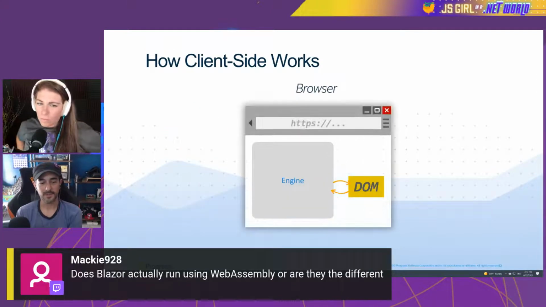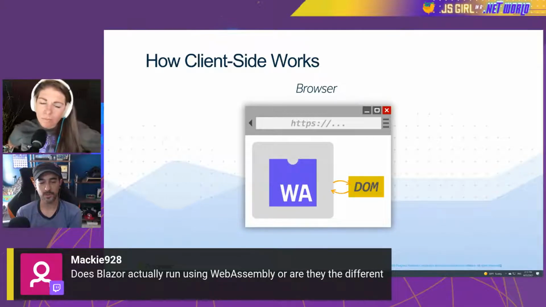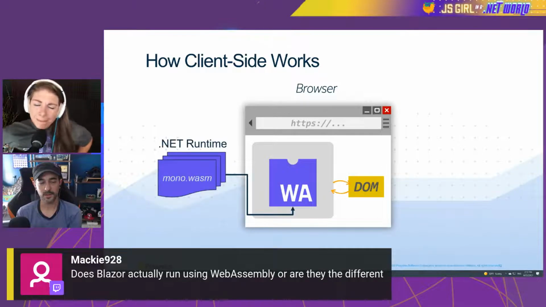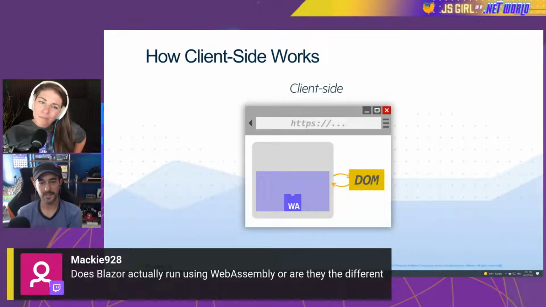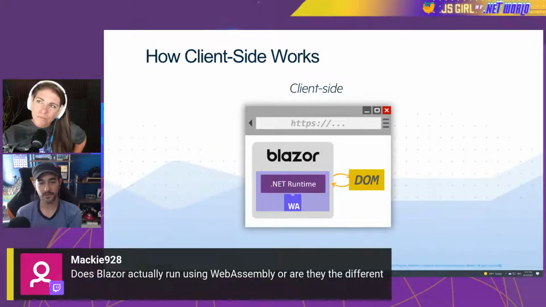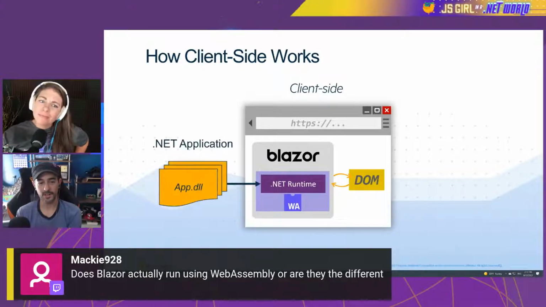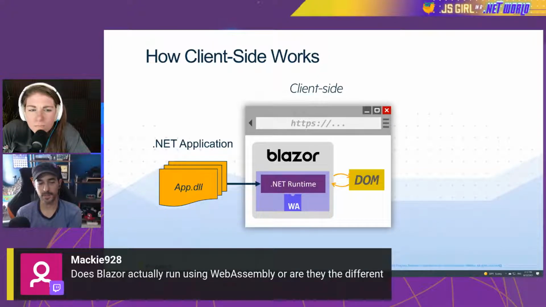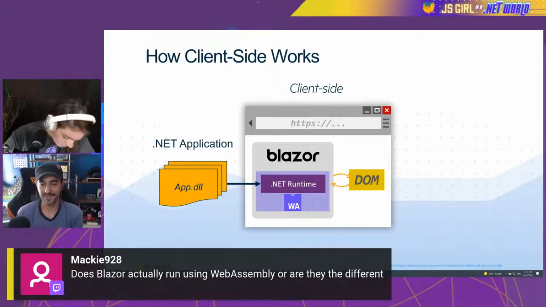So what Microsoft did is they took WebAssembly and the .NET Runtime and compiled the .NET Runtime to WebAssembly and shipped that to the browser and put Blazor on top of it. So now you use your normal C# code to make .NET apps, which are DLL files that the browser can now read because it has the .NET Runtime running on WebAssembly inside of it.